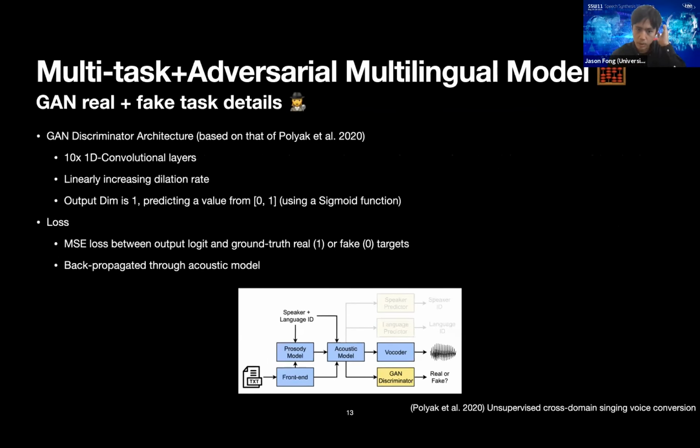The GAN discriminator has, I think, a larger receptive field. It's 10 convolutional layers with an increasing dilation rate, similar to WaveNet. It outputs just a single value, a number from 0 to 1, which can be interpreted as the probability that the input acoustic features are real. We use the adversarial loss from this GAN to also update the acoustic model to prevent it from cheating.